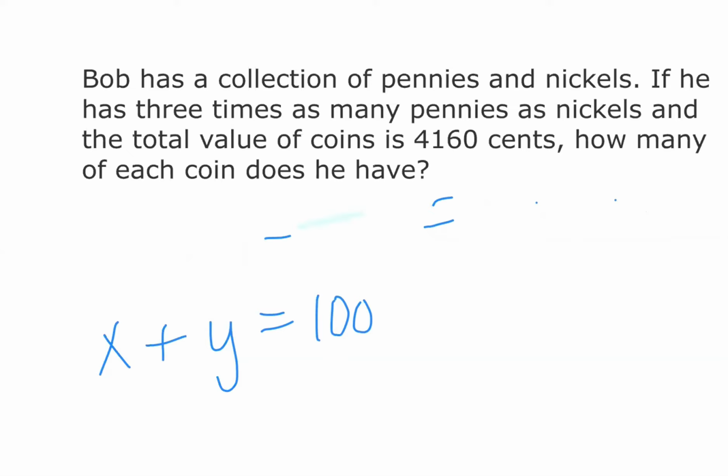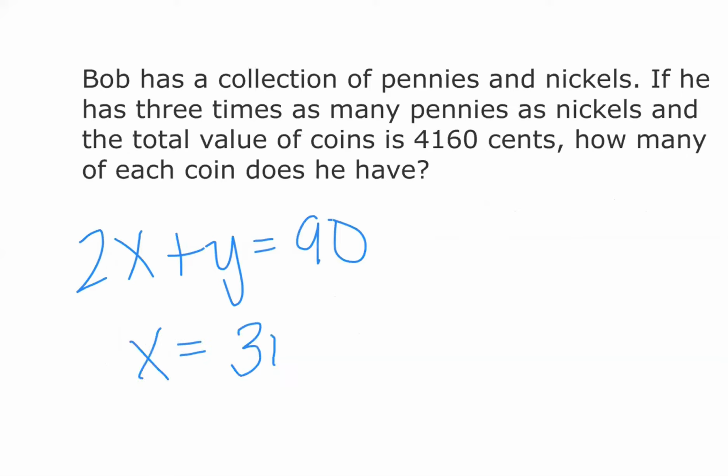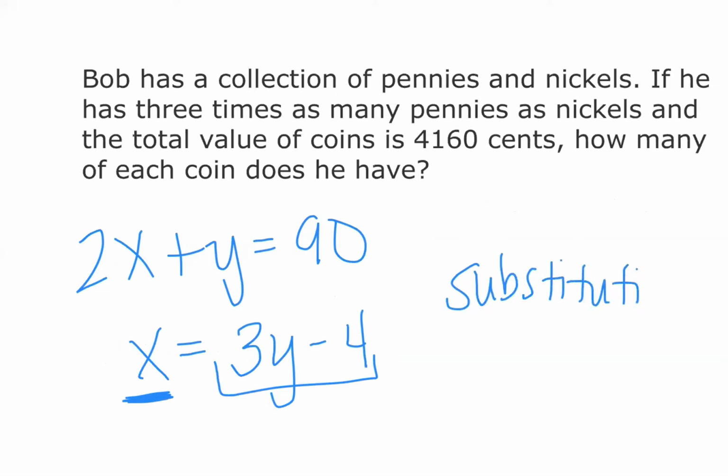When we have something like this, where in one of the equations one of the variables is by itself on one side of the equal sign, that's where we do substitution. And wherever we see that variable in the first equation, we substitute it with whatever that variable is equal to. Okay? Any questions about that?